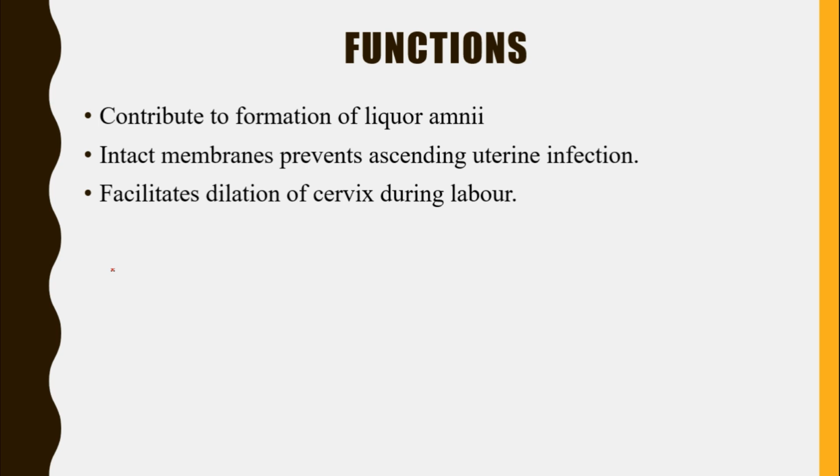They produce prostaglandins and oxytocin, which help in the initiation of labor. Okay, so first, the function is to contribute to the formation of liquor amni, meaning the amniotic fluid. Intact membranes prevent ascending uterine infection and facilitate the dilatation of the cervix during labor.